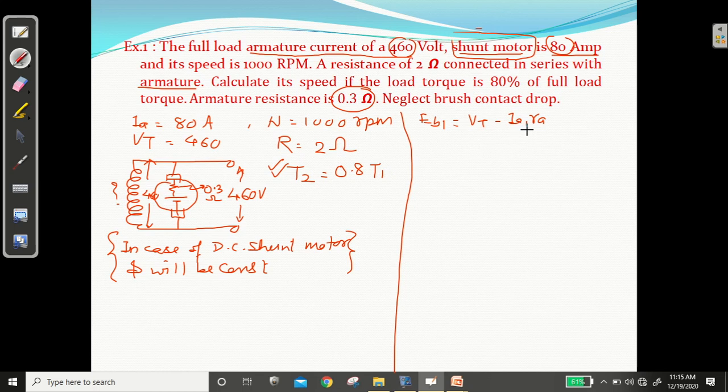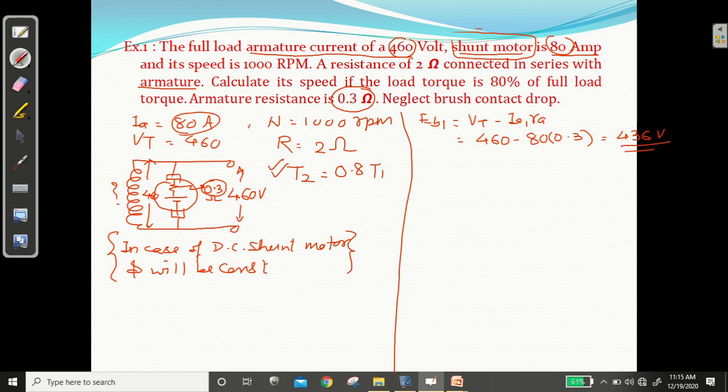EB1 equals 460 minus 80 into 0.3. 80 into 0.3 is 24, and 460 minus 24 is 436 volt.